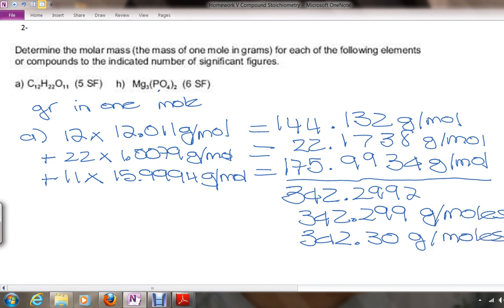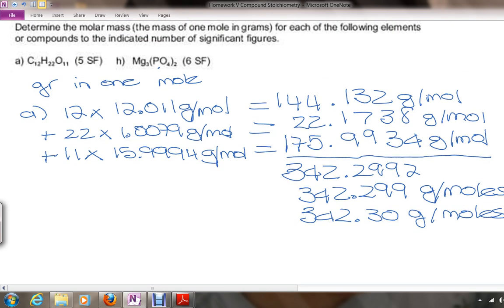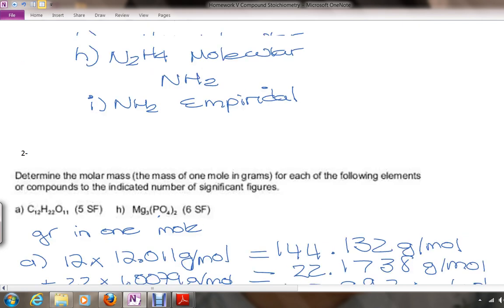Now the next one. Let me do real quick magnesium. I don't know the weight of magnesium by memory. For the B would be magnesium phosphate. By the way, I think I made a mistake on question number 1.